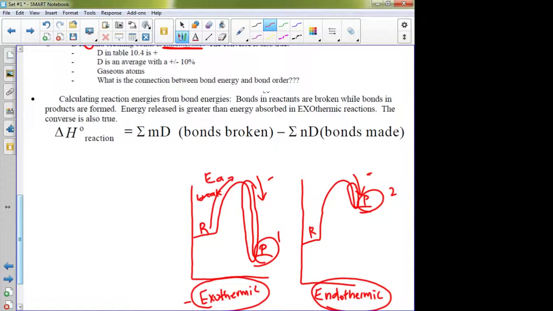Okay? When we do bond energy, we do it backwards. We do the bonds broken, which is your reactants, minus the bonds made, which are your products, because we're just talking about the energy found in the bonds. Does that make sense? Okay. So we're not talking about the overall reaction, we're talking about the energy found in the bonds. So do not get that confused.